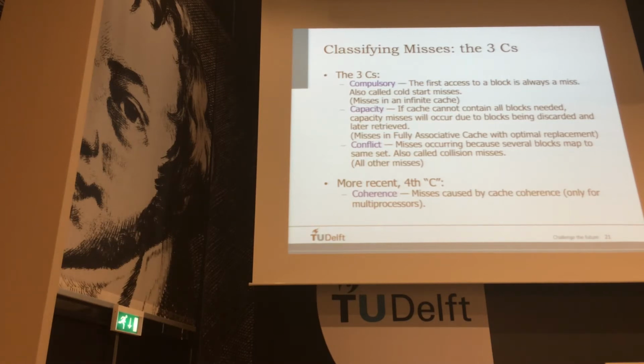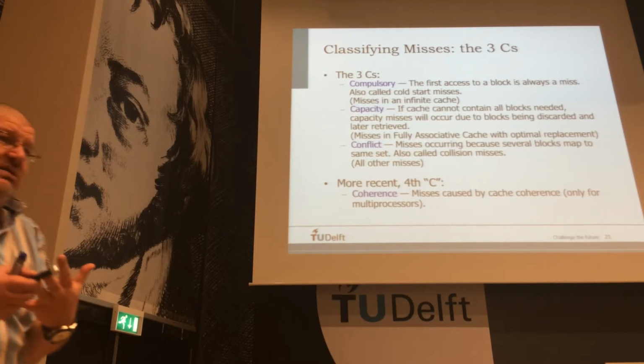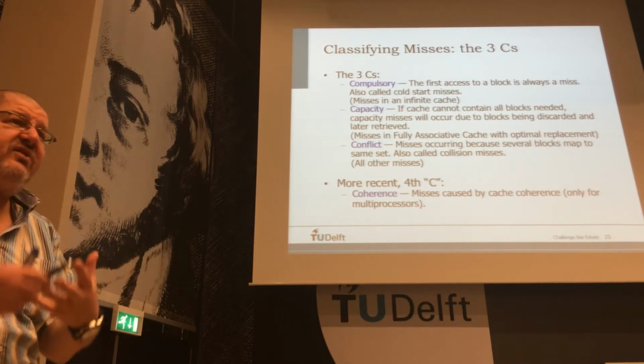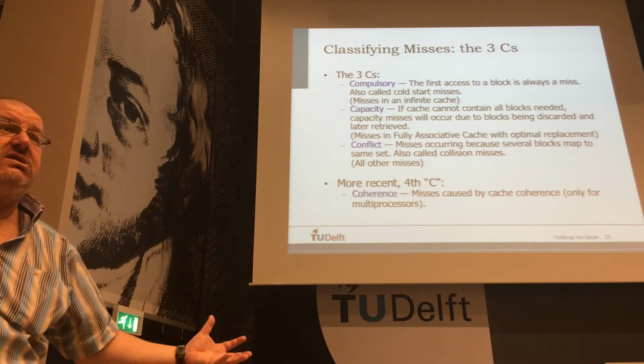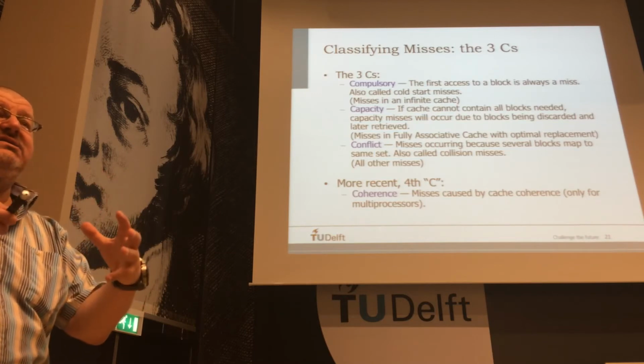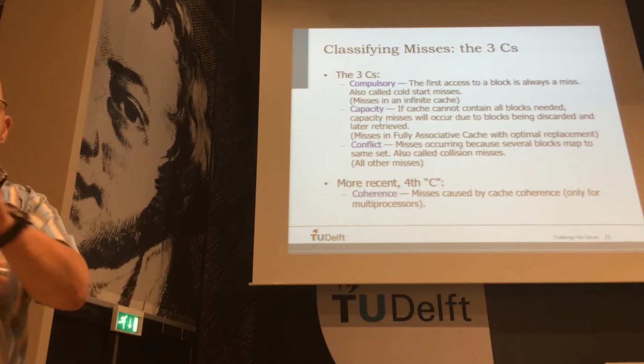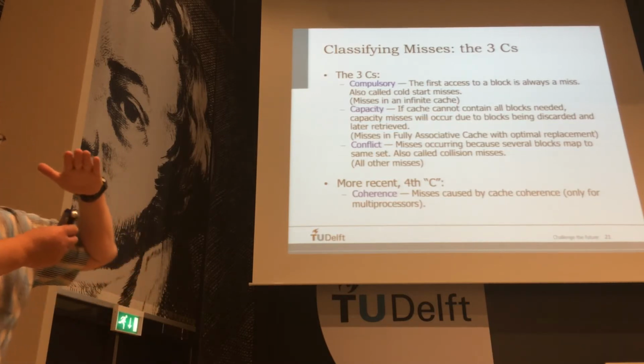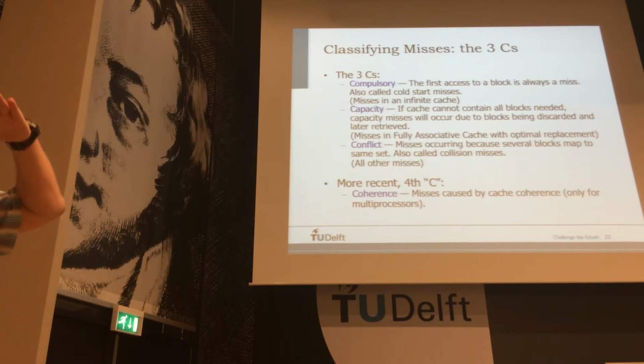I have the capacity issue whenever I cannot have enough storage locations in order to memorize all the lines that I need for the execution. While I'm executing, I need to have a certain number of lines in the memory in order not to experience stalls.